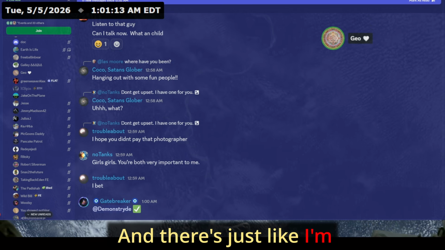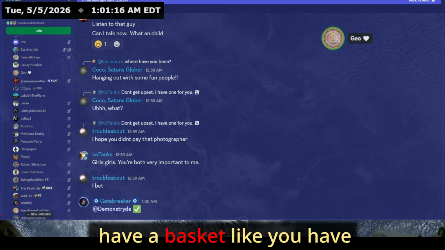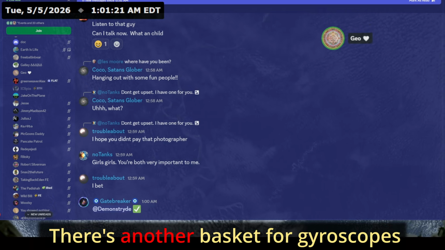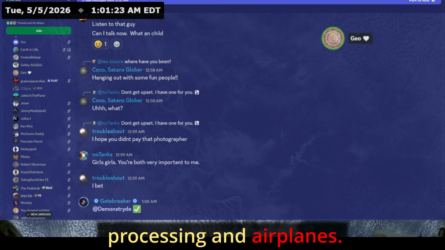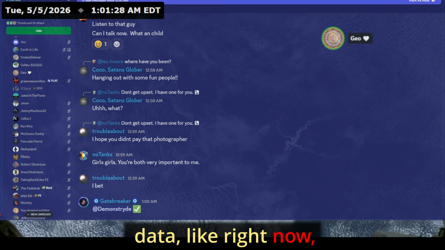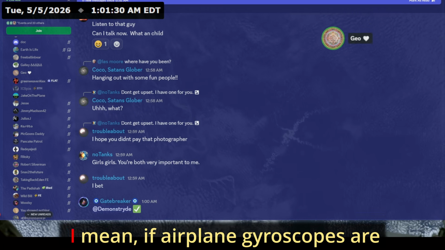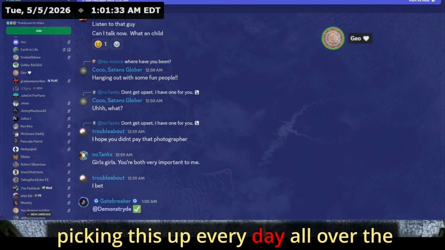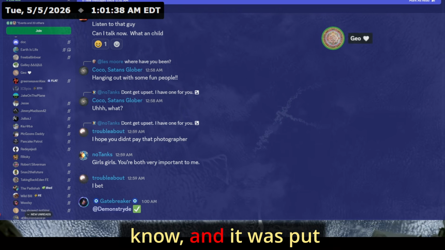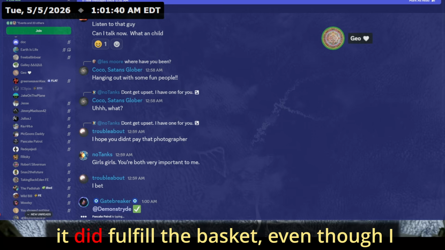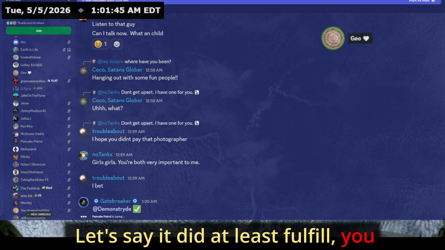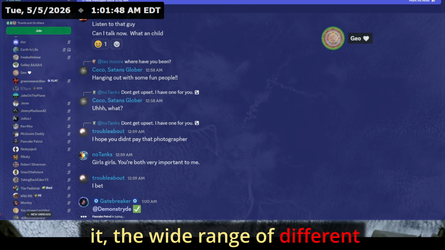I'm thinking of baskets. You have a basket for is there curvature? Another basket for is there motion? Another basket for gyroscopes processing in airplanes. There are all these baskets. If there was really solid data presented from multiple sources, say airplane gyroscopes picking this up every day all over the world, you'd think there'd be tons of it. Let's say it did fulfill the basket, even though I haven't done it myself, in rigorousness and wide range of data from different sources.